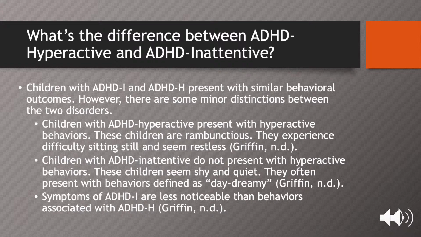Children with ADHD-I are described as inattentive or daydreaming. They are less rambunctious and they may appear as though they're not listening when they are being spoken to. Symptoms of ADHD-I are less noticeable than behaviors associated with ADHD-H. We will discuss more differences on the following slide.